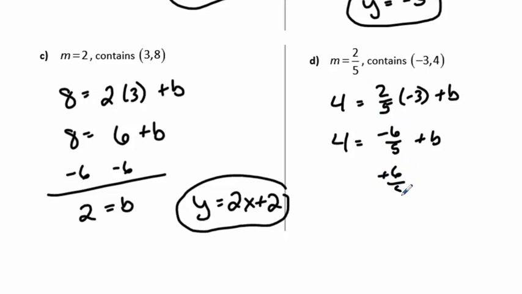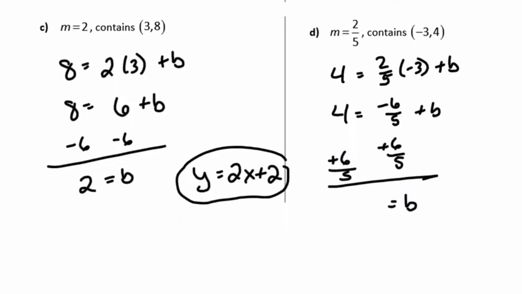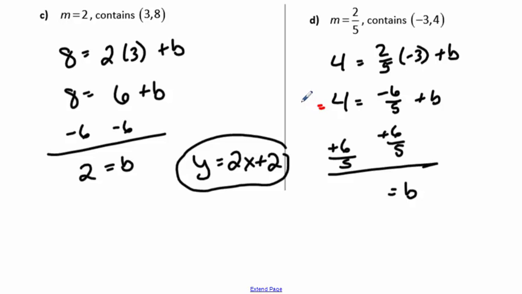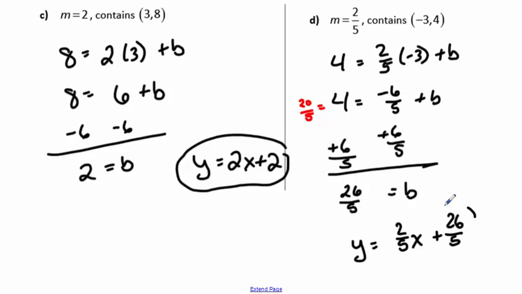So we're going to add 6/5 to both sides. So b is 4 plus 6/5. Note that 4 is the same thing as 20/5, since 4 is 4 over 1. So 20/5 plus 6/5 is 26/5. Therefore, the equation here is y equals 2/5, that's our m, times x, plus 26/5, which is our b.